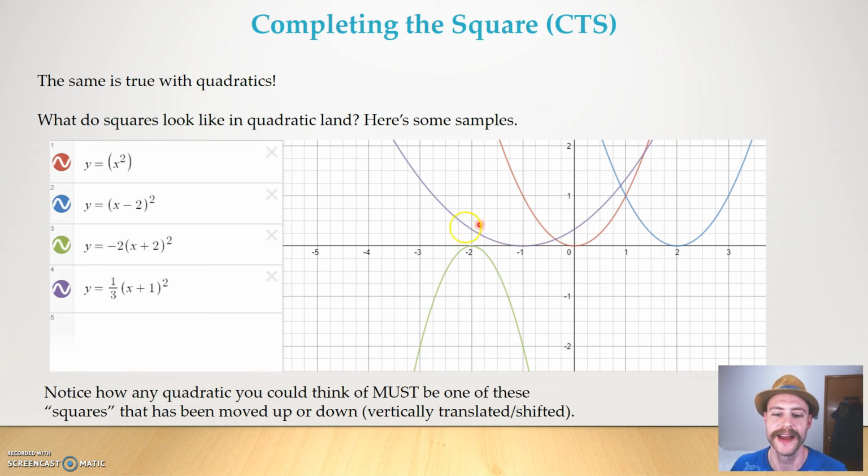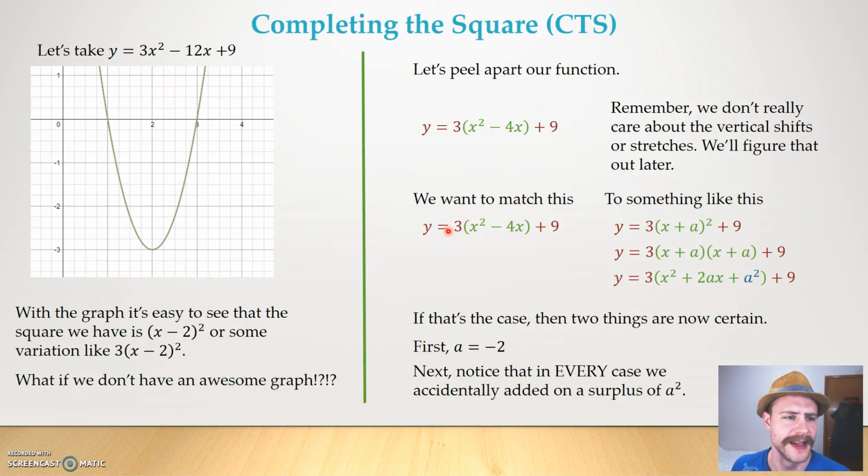But like every parabola, it may not look like it by the form it's in, like standard form. We're going to go through some examples. If a quadratic is in standard form, it doesn't look like it's a square, but it is a square that's just been moved up or down. Every quadratic is like that. So that's what we're looking for. Just like every integer is a square plus or minus some little bit. Okay, isn't that cool? That's awesome, eh?